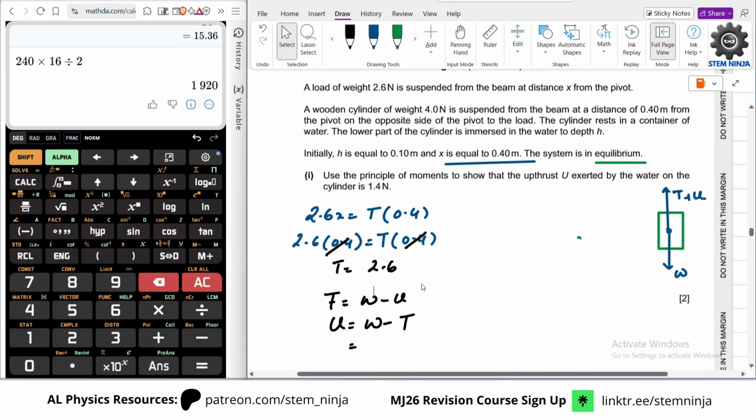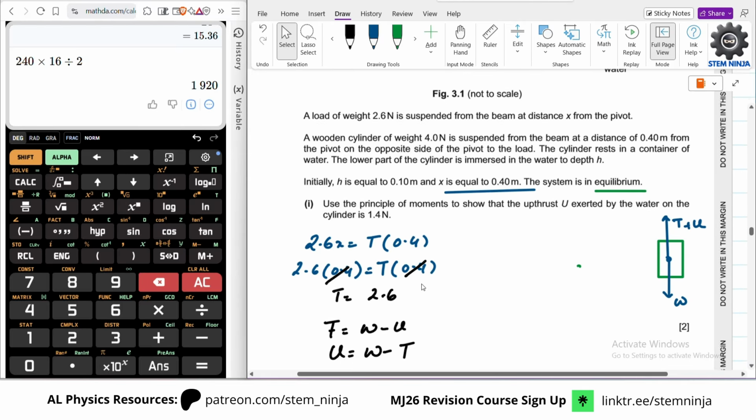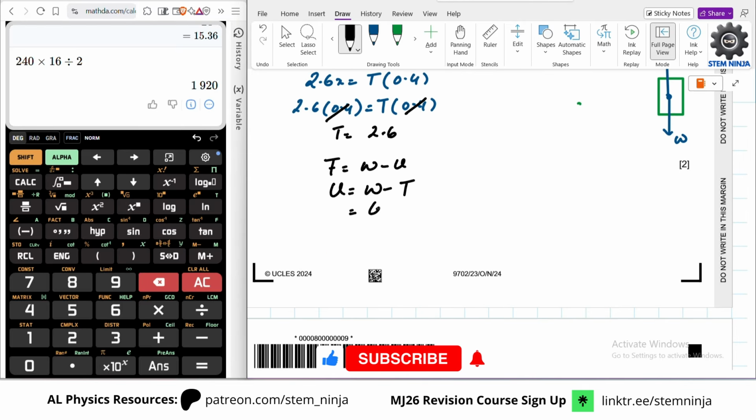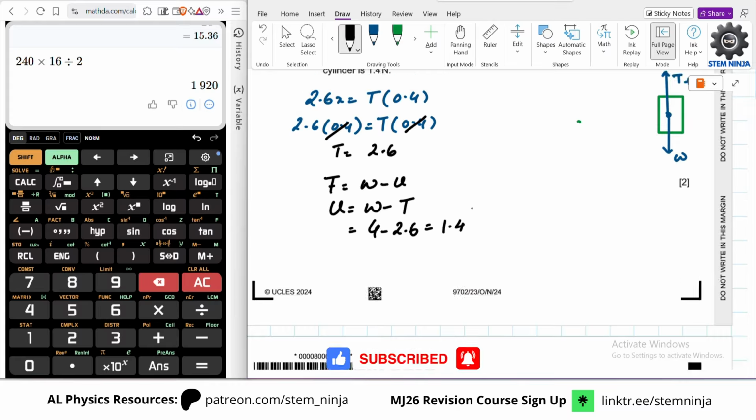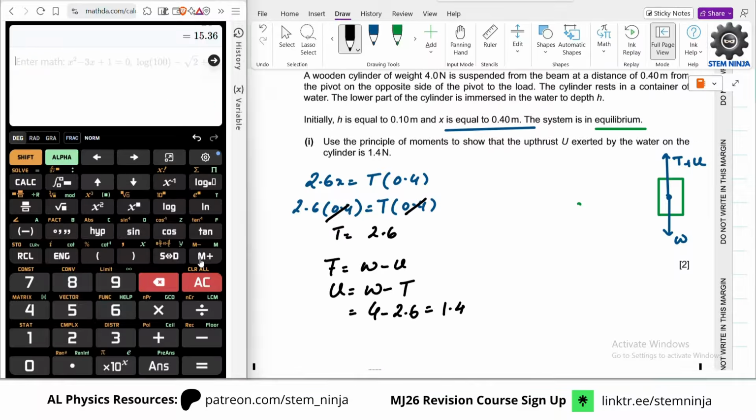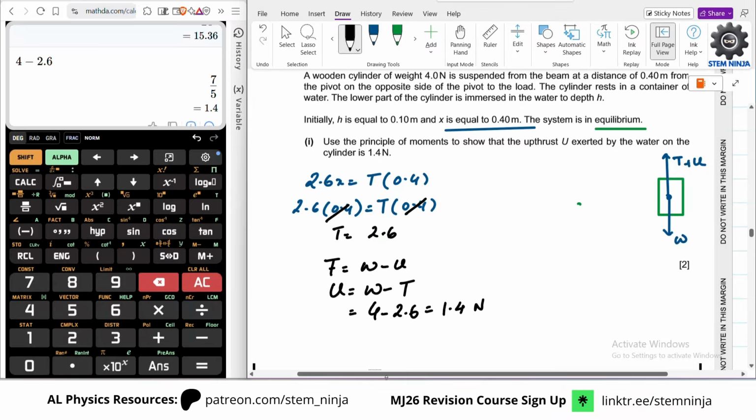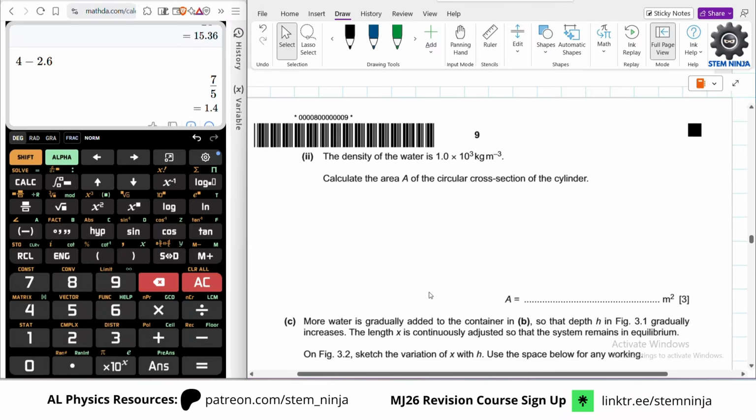Wait, what did we do wrong over here? 4 Newton, sorry, yes, weight is 4 Newton minus 2.6, and this will indeed come out to be 1.4 newtons. So 4 minus 2.6, yes, 1.4 newtons. Simple math over here. Okay, moving on.